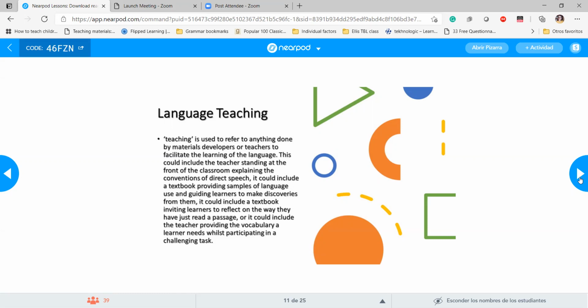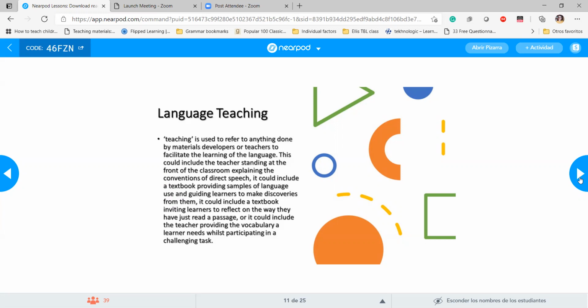It also could include a textbook providing samples of the language used. It could include a textbook inviting learners to reflect on what they have just read in a passage, or it can include the teacher providing the vocabulary a learner needs, participating in a challenging task.